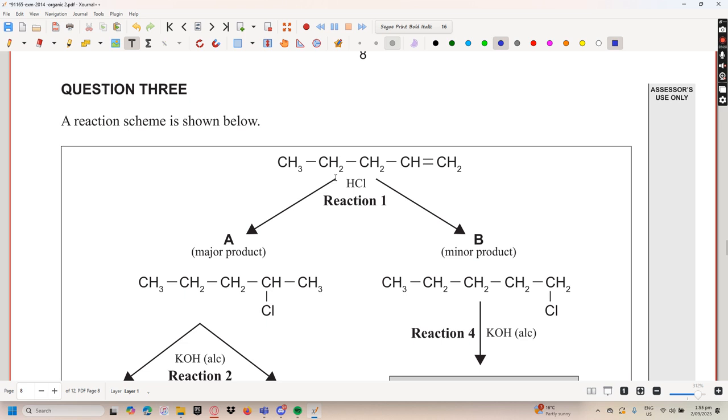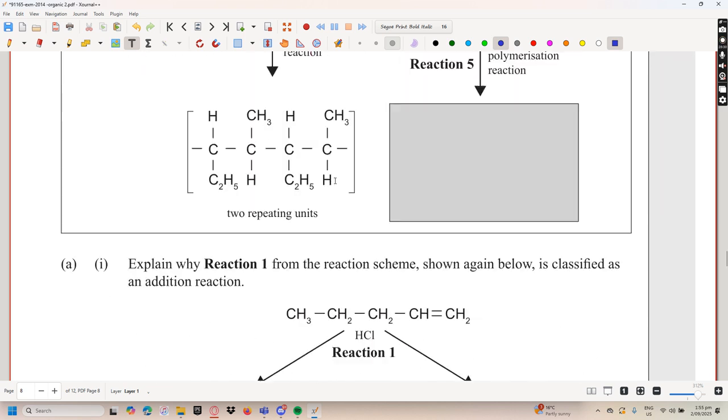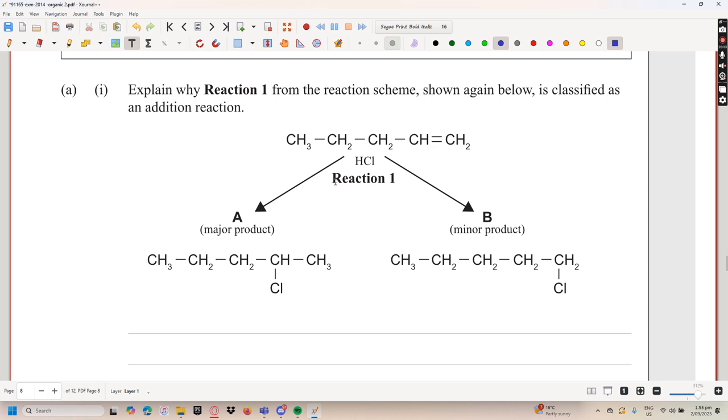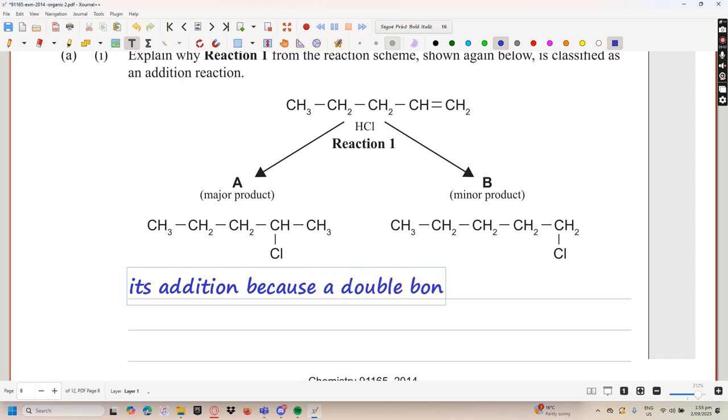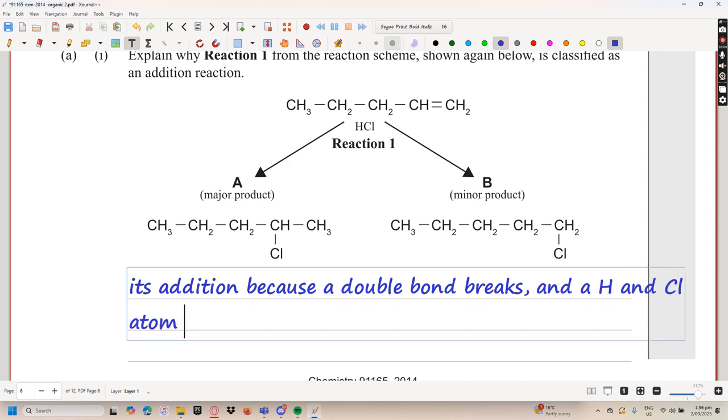Okay, reaction scheme. Explain why reaction 1 is an addition reaction. It's addition because a double bond breaks and the H and Cl are added in the gap.